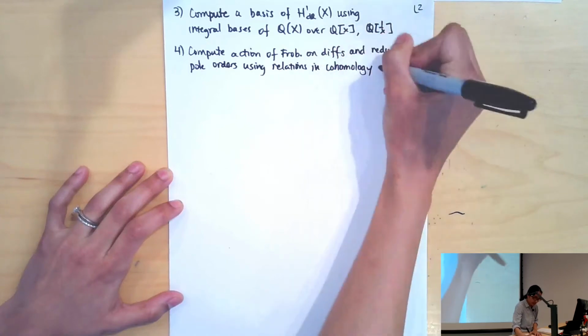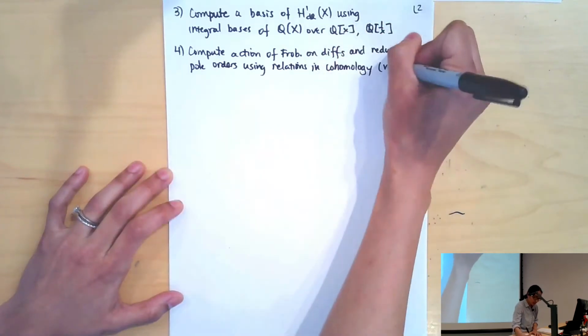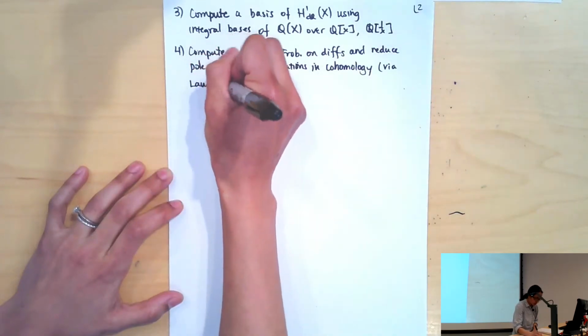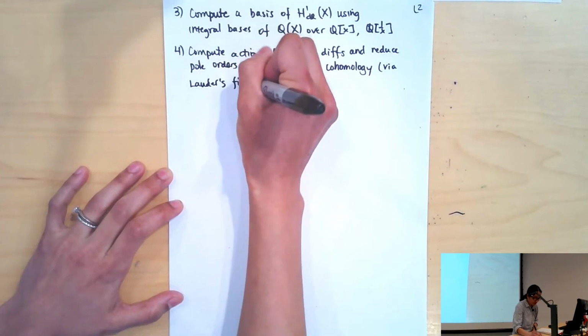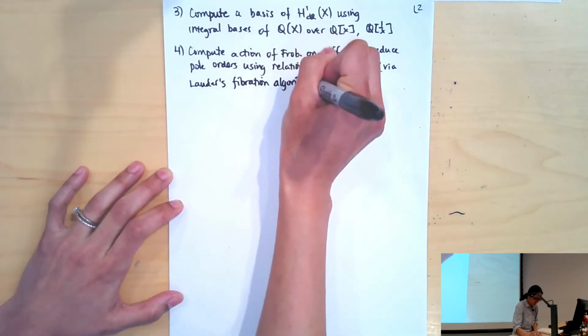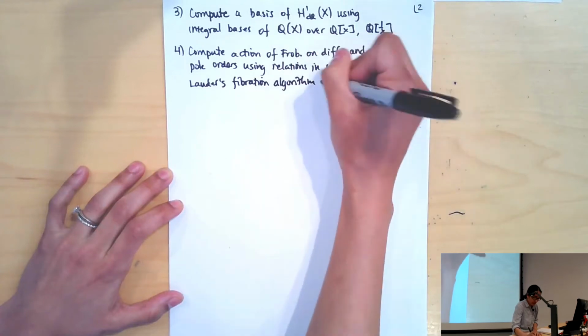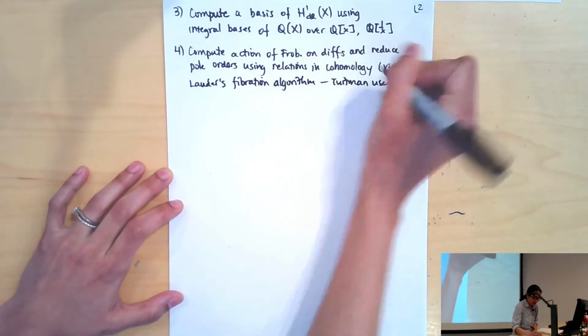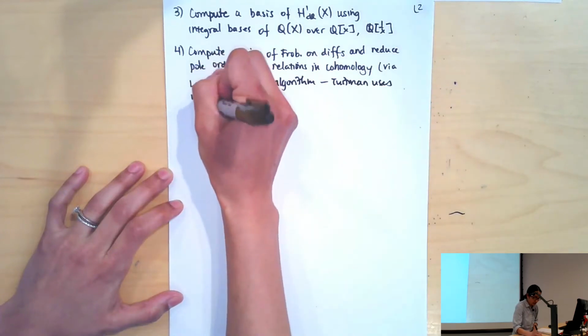And here another zeta function algorithm comes into play, some work of Alan Lauder. So Lauder's fibration algorithm. And here Tuitman uses the integral bases as well.